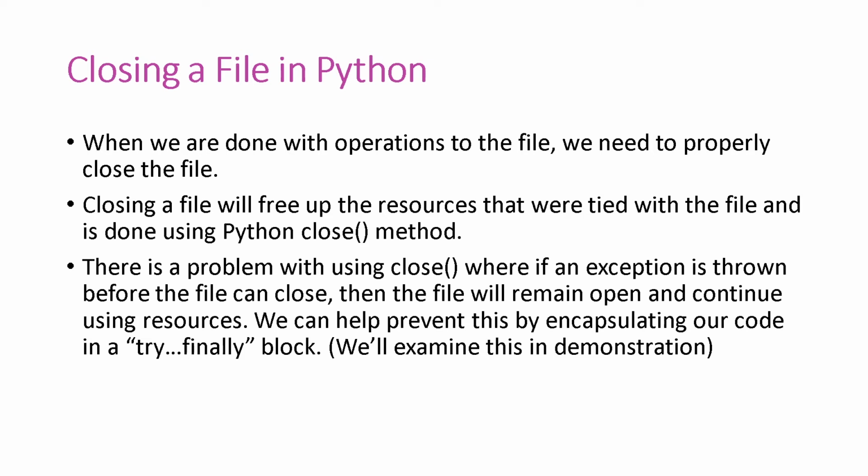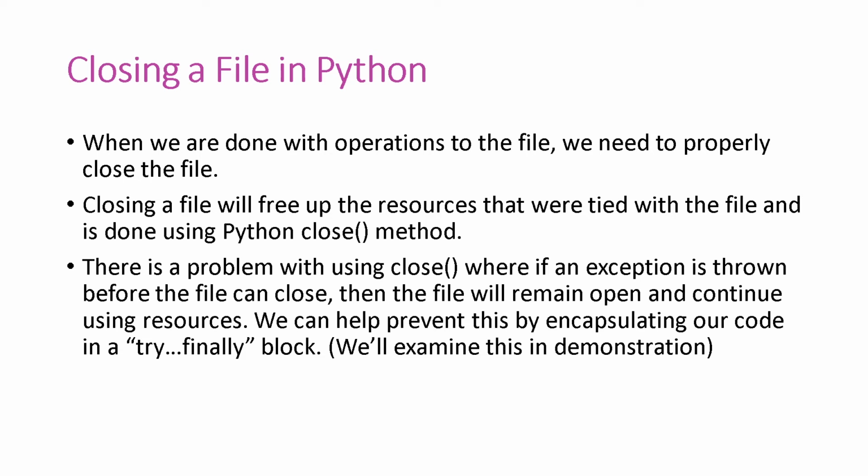But we can try to circumvent this and help prevent this by putting our code in a try finally block, which is not something that we've really done. With our try finally block, we can try a bit of code, and then do another bit of code as a final bit of code.